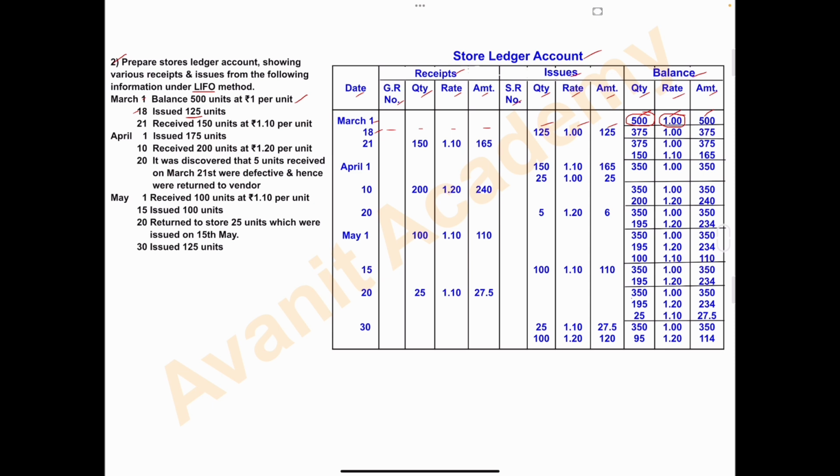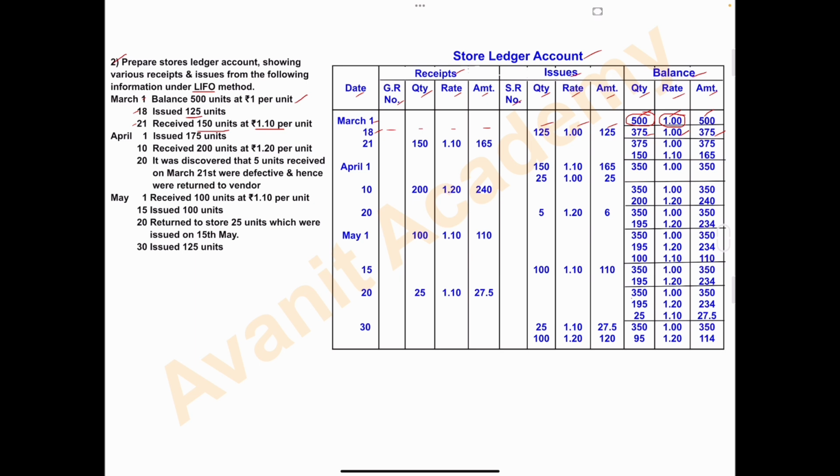Now we have to write the balance. From this 500, we have issued 125 units. So the remaining quantity is 375. Rate will be the same, rupee 1, and total amount is 375. Next is on March 21st, received 150 units at rupees 1.10 per unit.